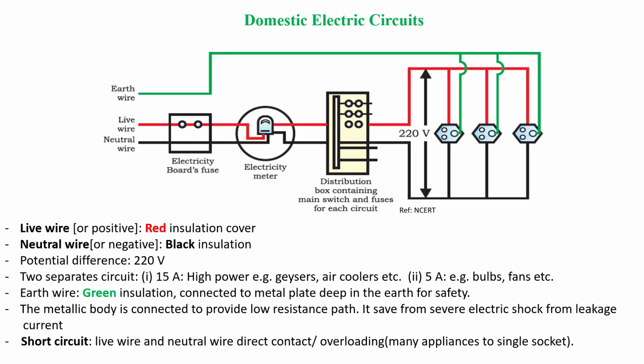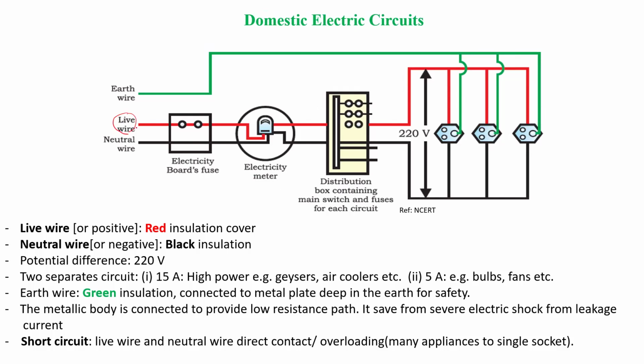Next, we have domestic electric circuits. In the house we have so many wirings, but we are not much aware of how they work, am I right? So we are going to see that here. Whenever we have connections in our home or in a factory, there are minimum two wires. For single phase, we have one live wire.